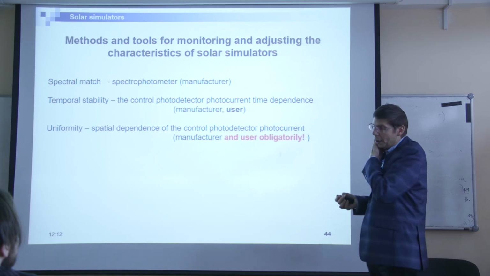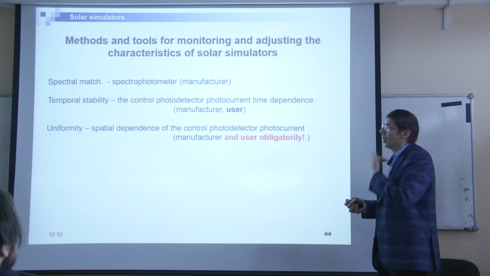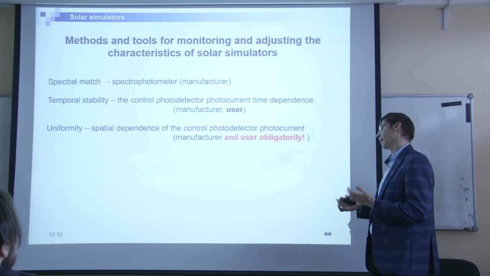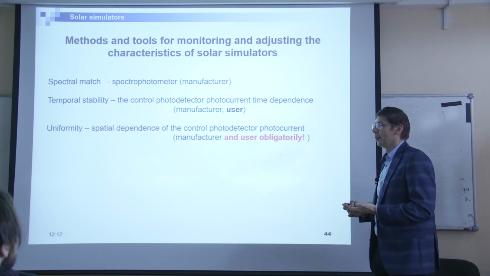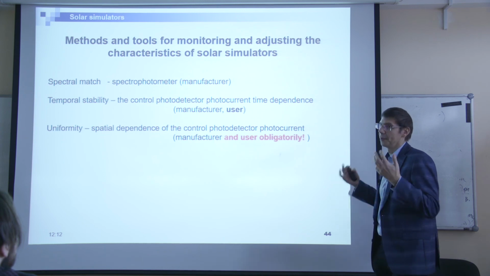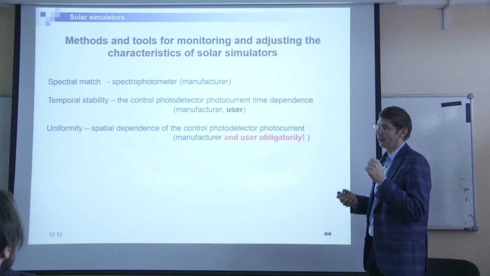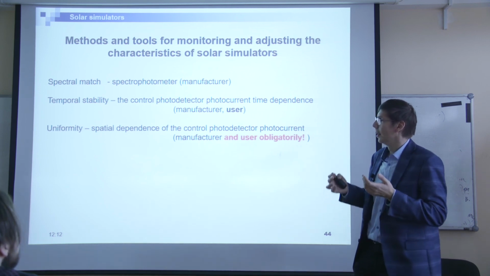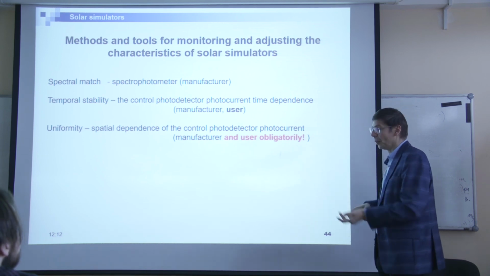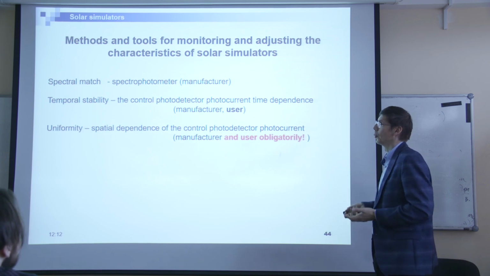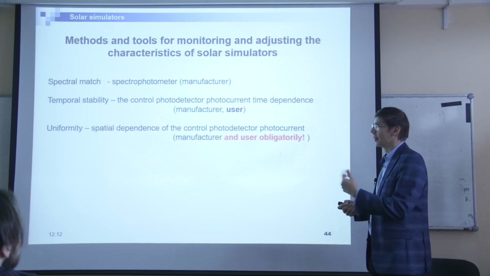But normally, if you want to buy some simulator, the manufacturer should provide the spectrum of this simulator using the different filters. So if you buy a simulator with two filters, the manufacturer should provide both spectra, with this filter and this.